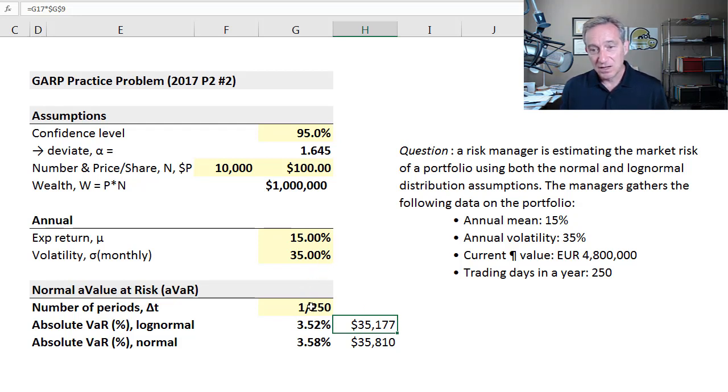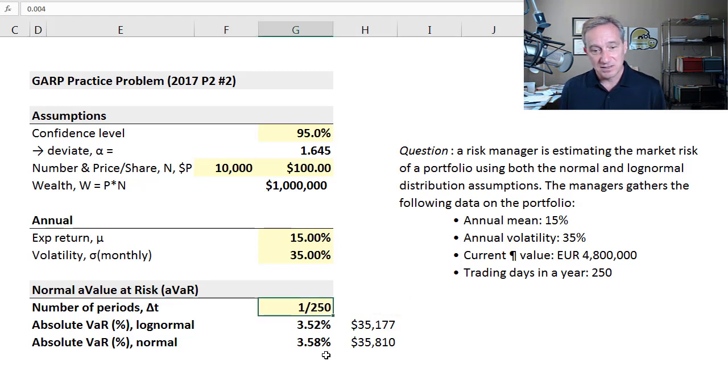However, part of the question is asking us for a 1 day VaR. So we're going to have trouble if we don't get a grasp on the time scaling that's going on here. We're given assumptions for 1 year, but we need to compute a 1 day VaR.